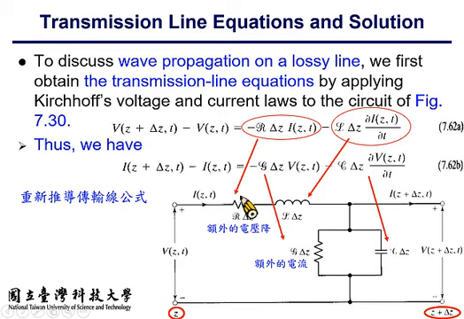So that equals to minus G, the conductance, times delta Z, times the voltage at this point, V at Z, t, minus the corresponding current that takes place within this capacitor. So that is minus C times delta Z times the time derivative of the voltage.